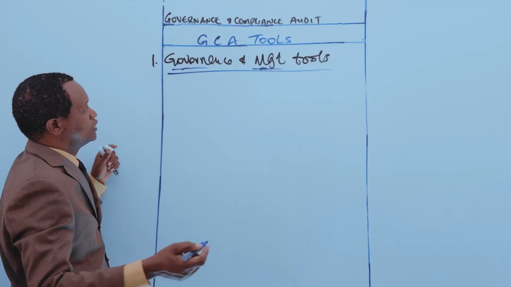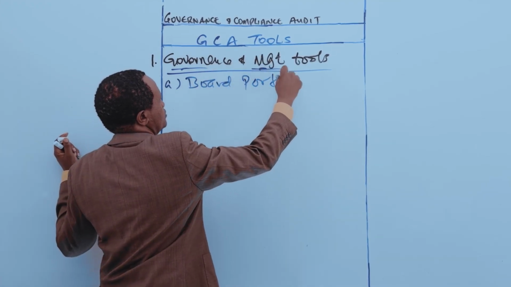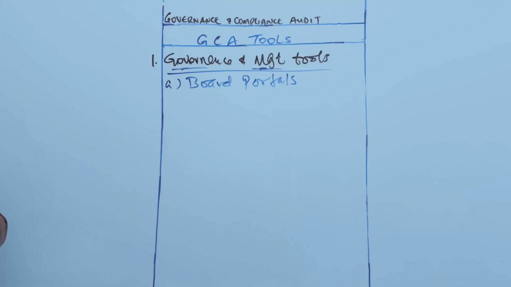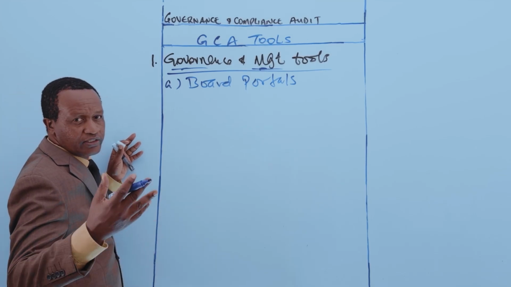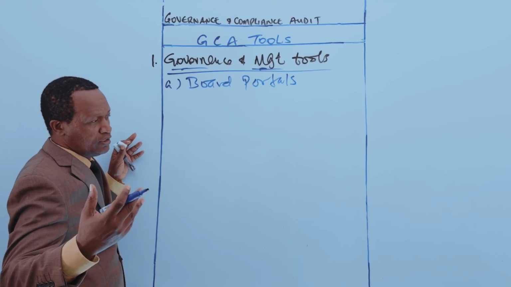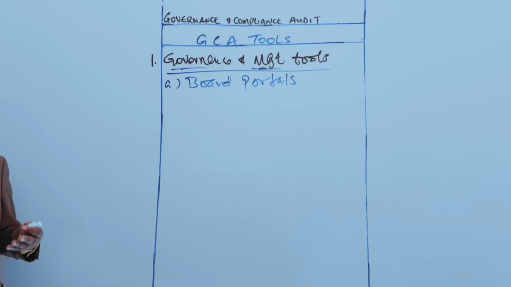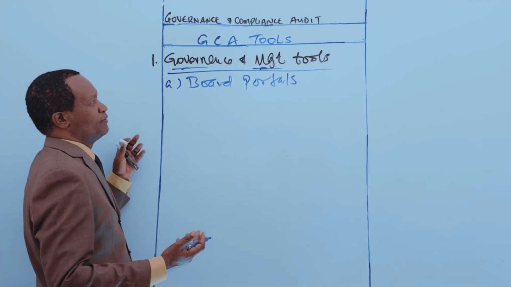For example, we have board charters. The board should have a digital portal. These are platforms that are used to audit board activities. They provide trail of board papers, attendance records, voting history, and evidence that directors received sensitive information in a timely manner.